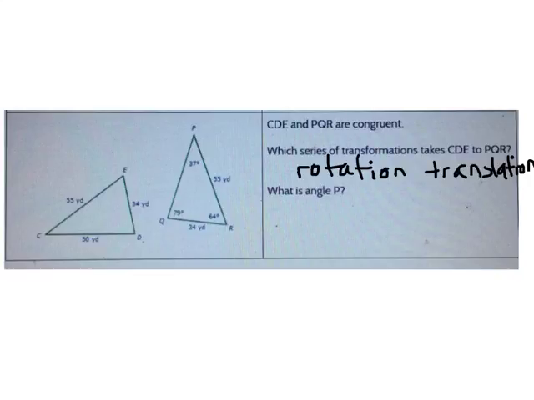Angle P is 37 degrees. Which corresponding angle is also 37 degrees? Angle C is also 37 degrees because C corresponds to P.